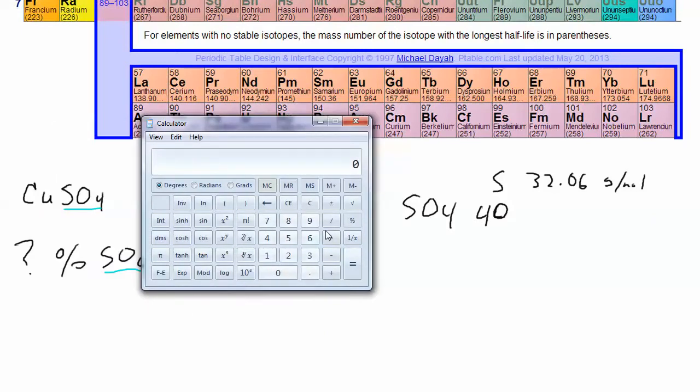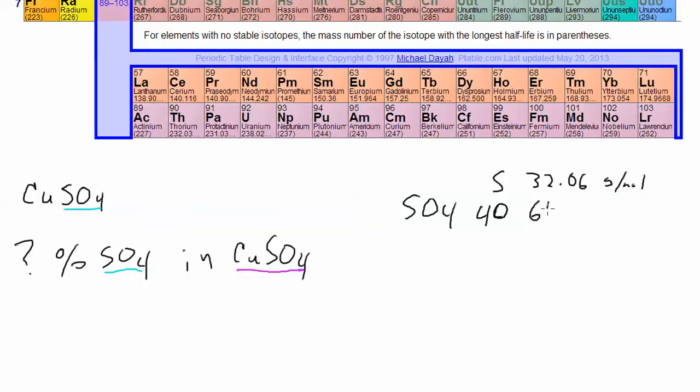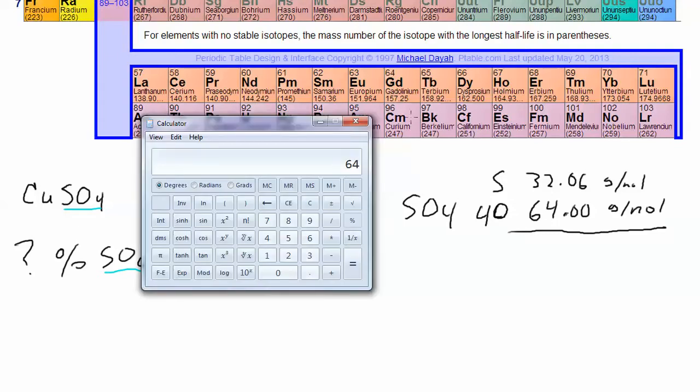So I need 16 times 4, and that's 64.00 grams per mole. Now if I want sulfate, I have to add that up, so I'm going to add those two together really quickly.